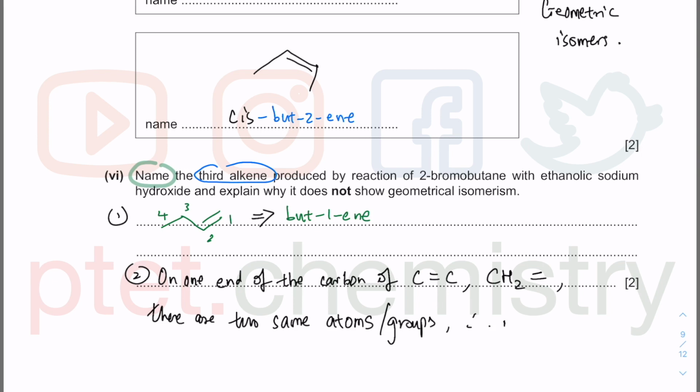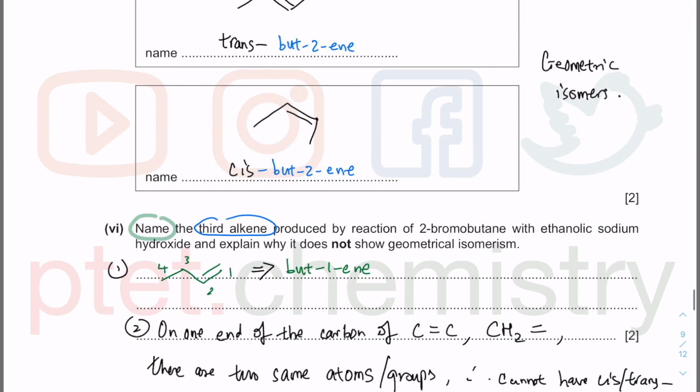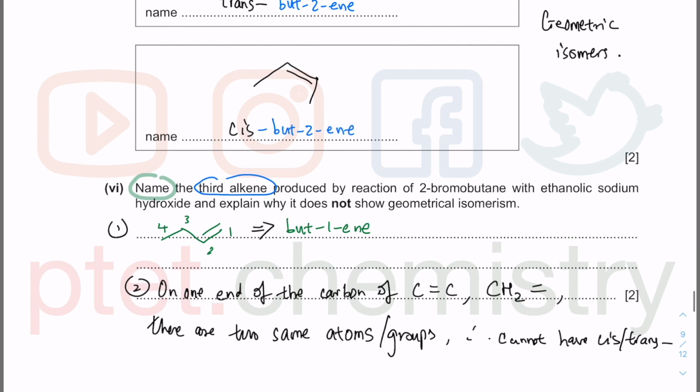Therefore, cannot have cis and trans. The requirement for geometric isomerism is not just a carbon-carbon double bond. You must have different groups or different atoms on each carbon of the carbon-carbon double bond. So, you cannot have a CH2 on that side there. Even though there's that, you can move it around. You will never get cis and trans if you have two atoms or two groups that are the same on one carbon of the carbon-carbon double bond there. All right.